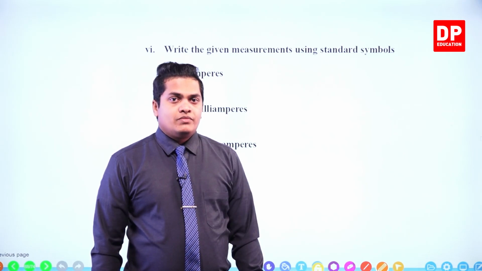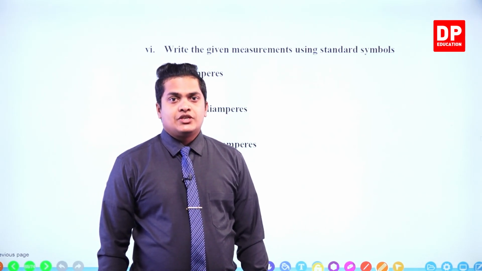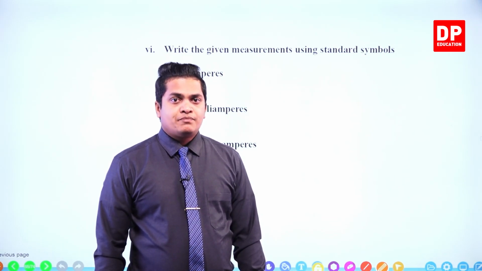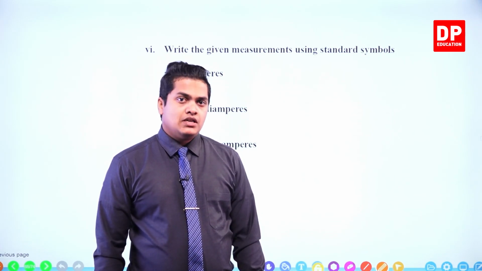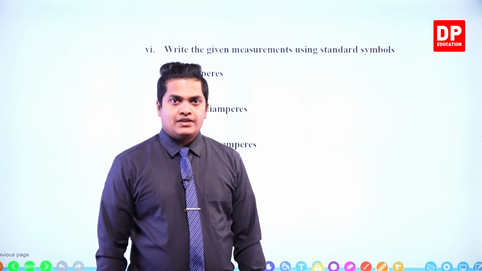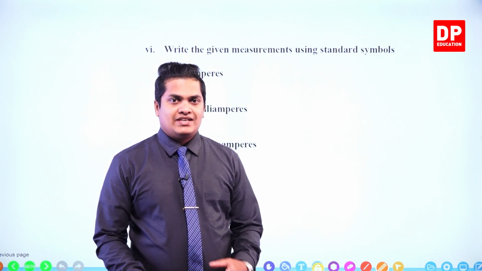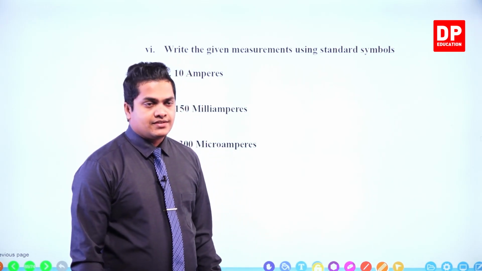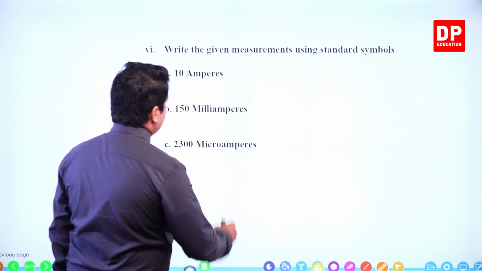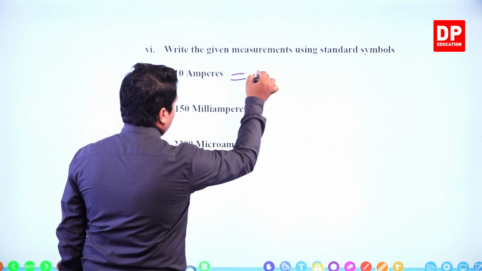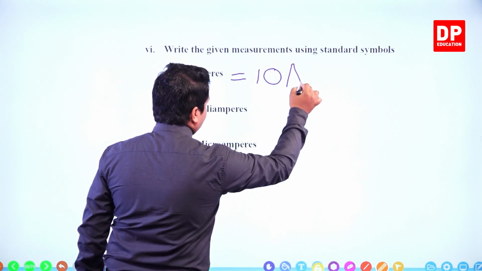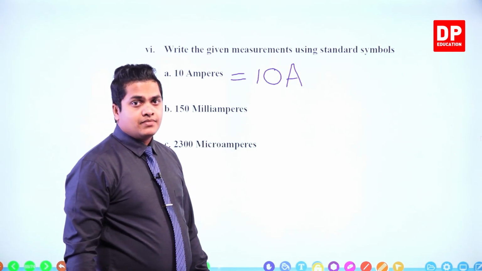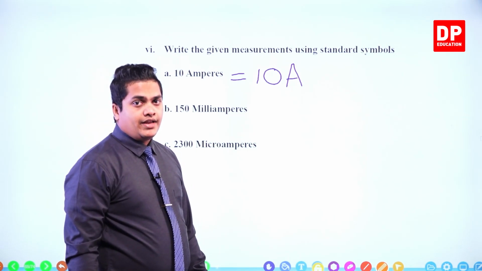To measure electric current, we use the unit called amperes. For amperes, there is a special symbol, that symbol is capital A. So by using that standard symbol, we write 10 amperes like this.